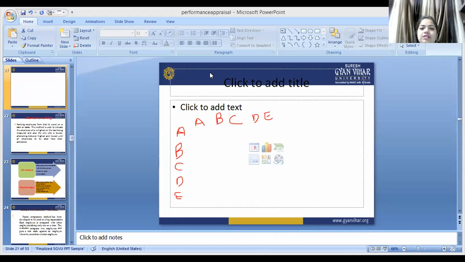We can assign positive and negative. Positive means better, the higher ranking, and minus means the lower ranking, that means the poorest. Suppose we compare A: B is better, C is also better, D is not better, E is. Then if we compare B with A, C, D, E, that means not better.